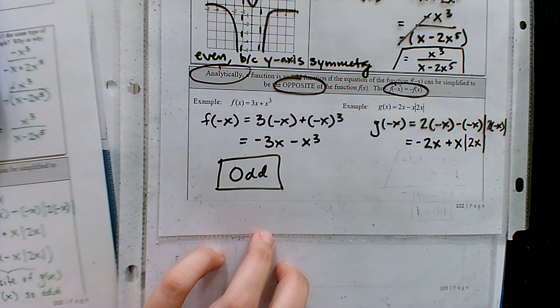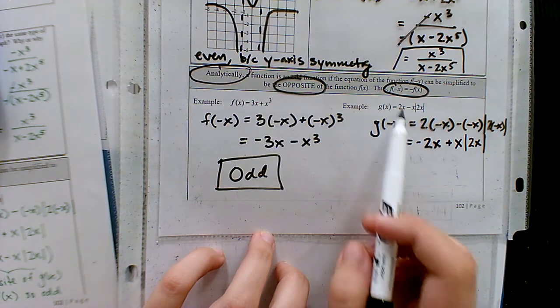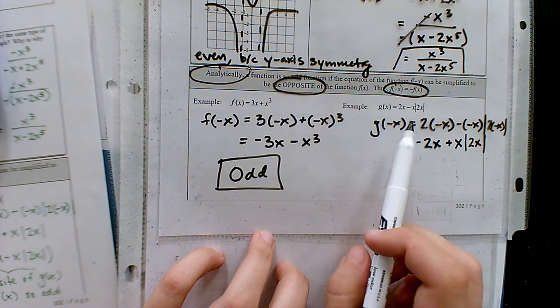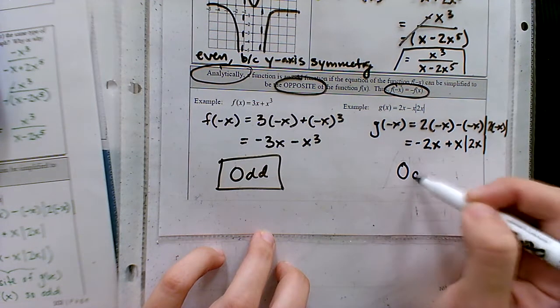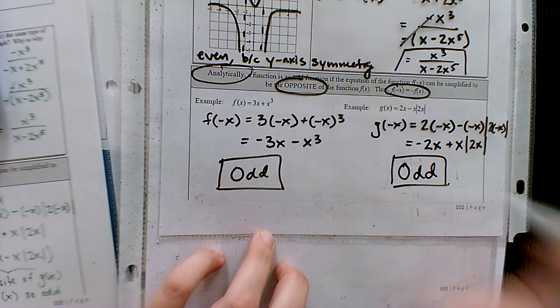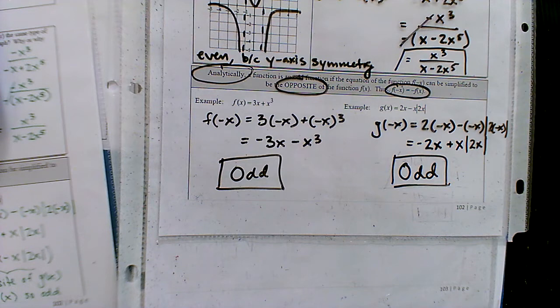So it'll change to a positive 2x. Did we get the opposite of our original? Everything switched sign, right? What was positive is now negative, and what was negative is now positive. So this function is odd. If you were to graph it, you could flip it upside down, and it would be exactly the same.